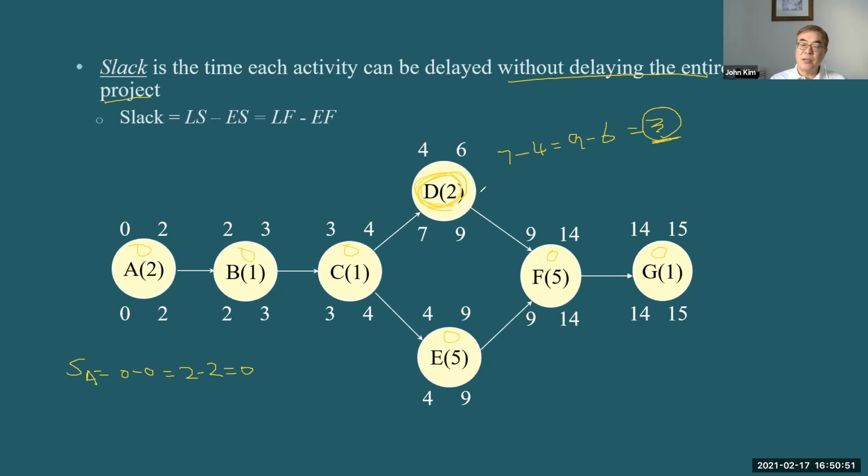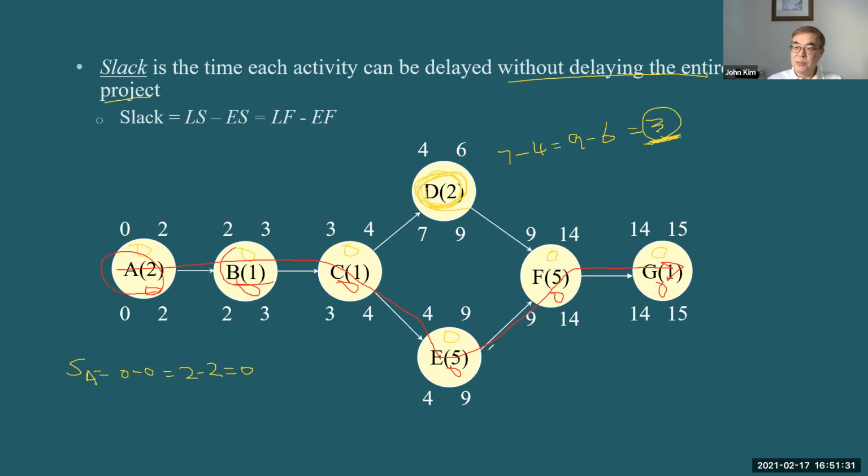So positive slack means this one can be delayed up to that point. On the critical path, every activity has 0 slack.